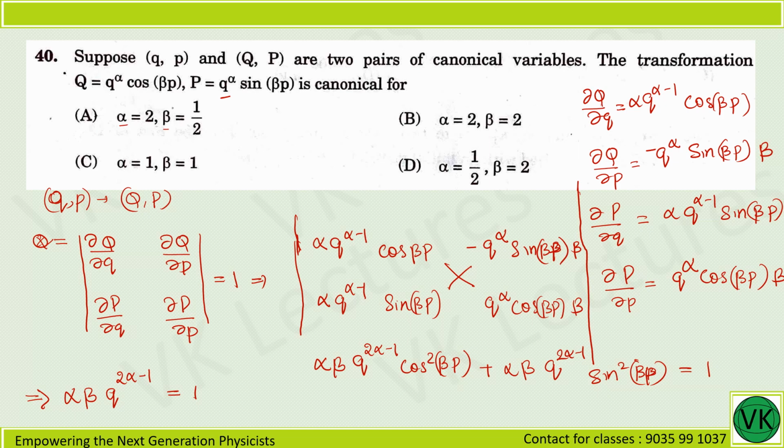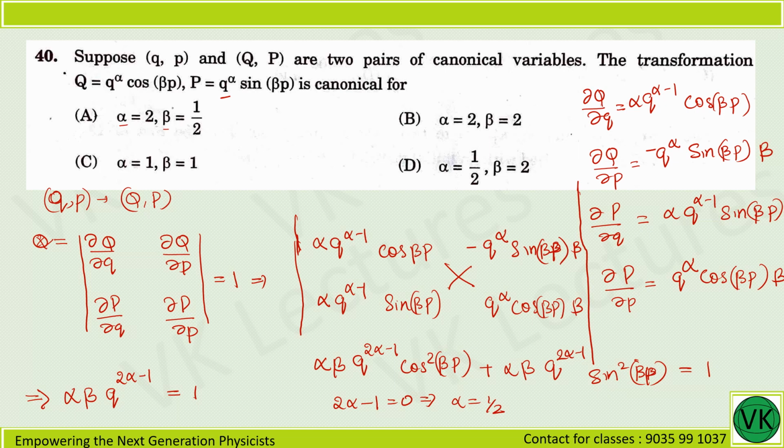So alpha can be found out from here. If this has to be equal to 1, then q to the power 2 alpha minus 1 should be equal to 1, so 2 alpha minus 1 equal to 0 means alpha equal to 1 by 2.